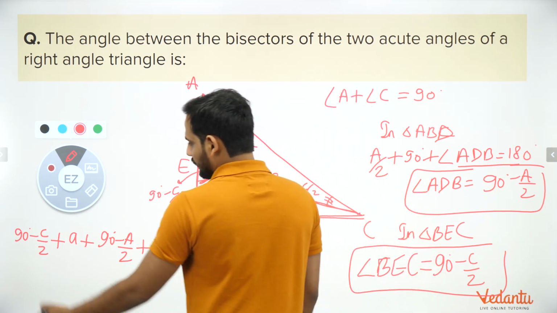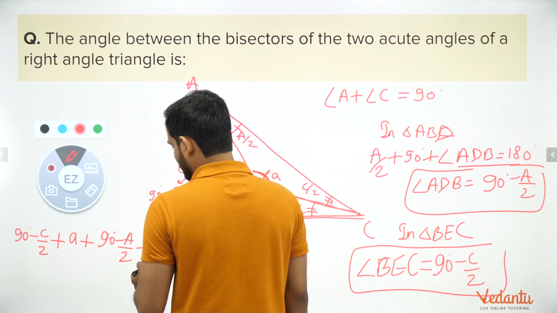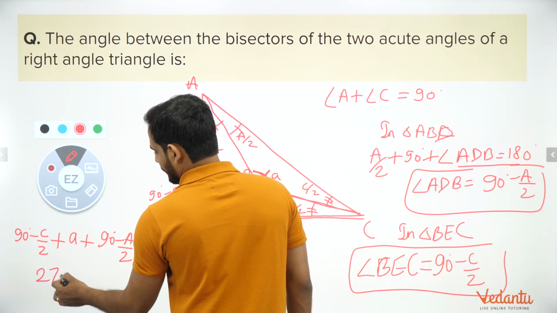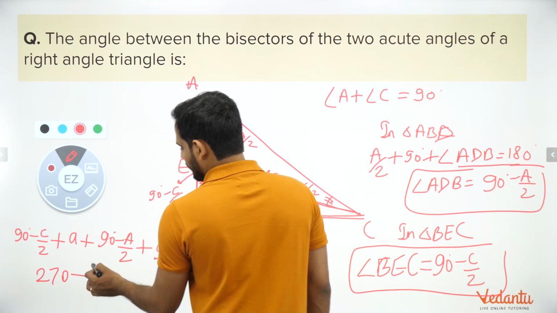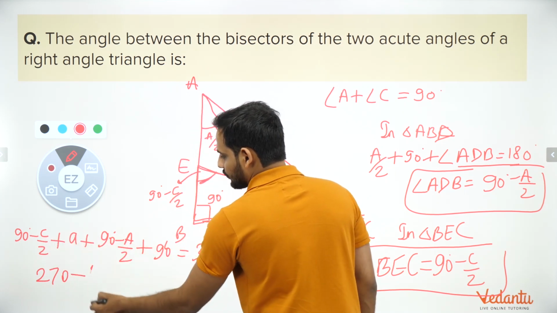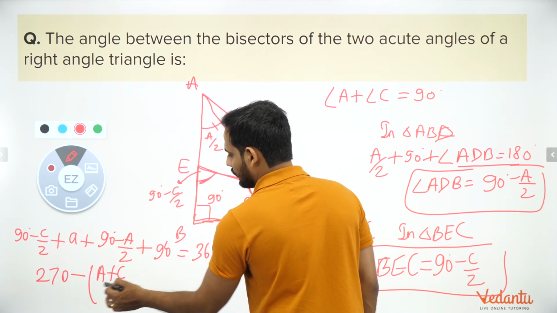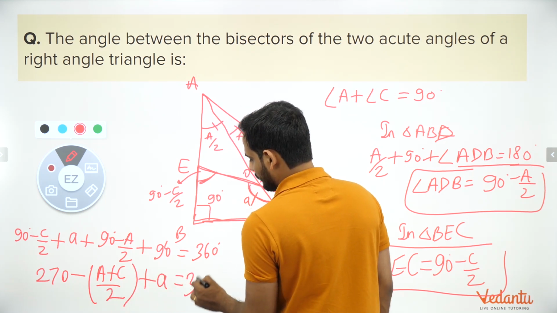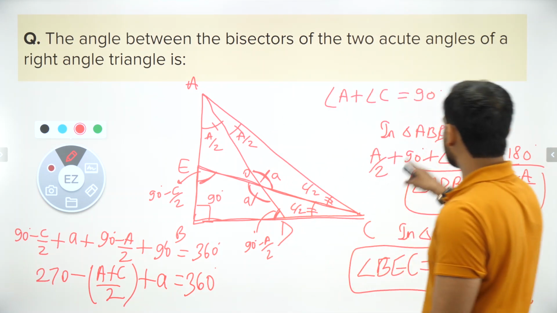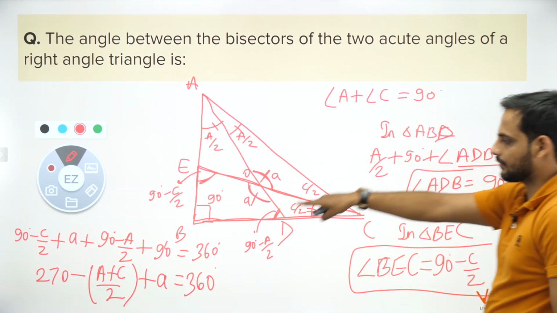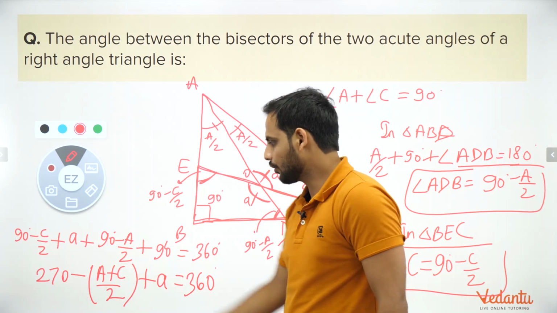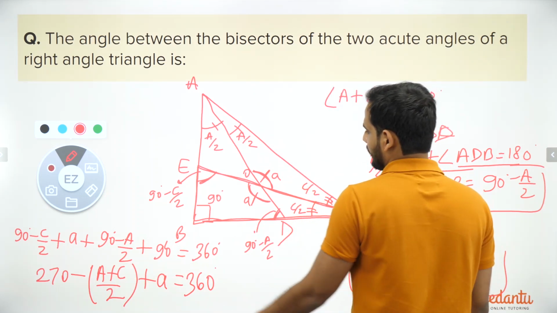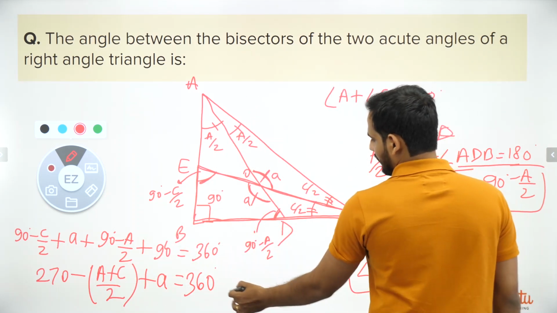So 90 plus 90 is 180, plus 90 is 270, and minus A plus C whole divided by 2, plus A, is equal to 360. A plus C is 90 here, so 90 by 2 is 45. So you get 270 minus 45 plus A.